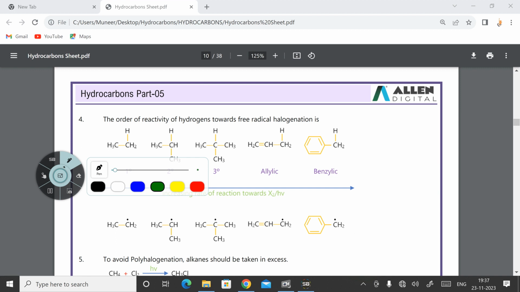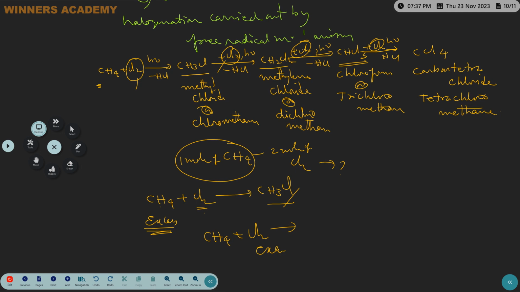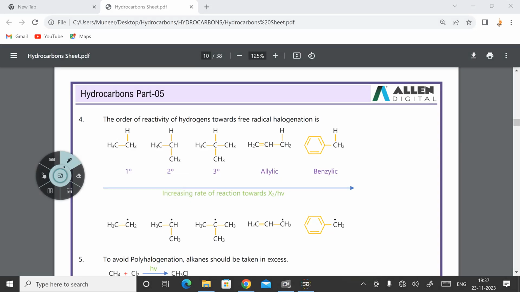Suppose this is a primary free radical. If it loses this hydrogen from CH3, it forms such a free radical, which means it is primary.